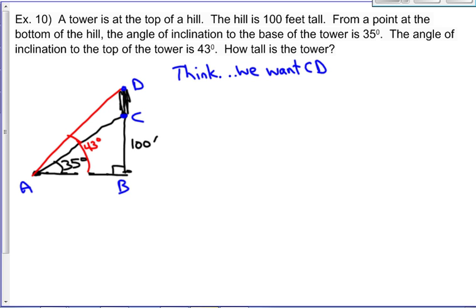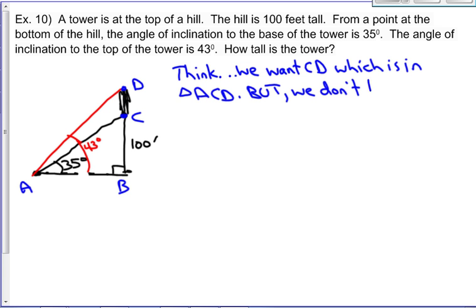And what triangle is CD in? It's in triangle ACD. But we don't know much about ACD. So that's a problem.